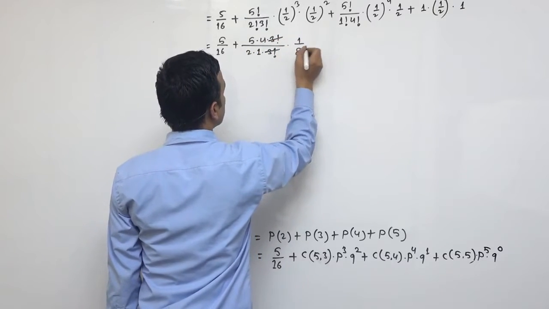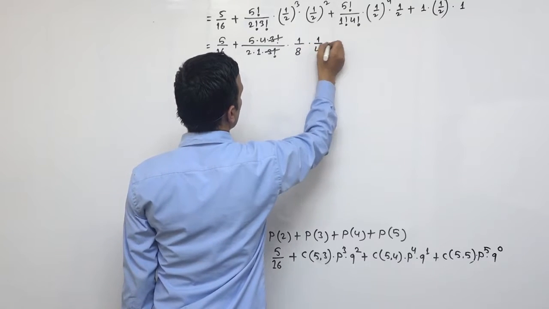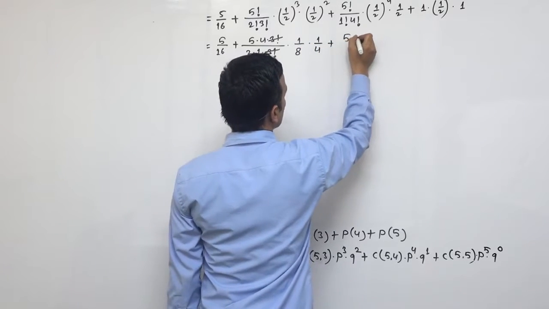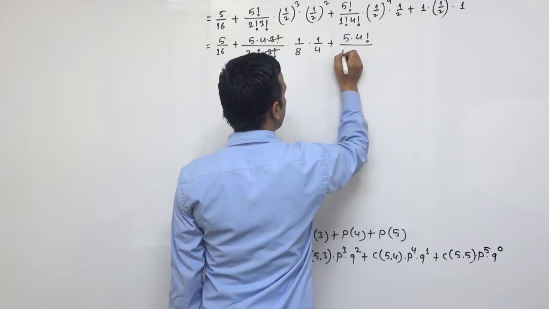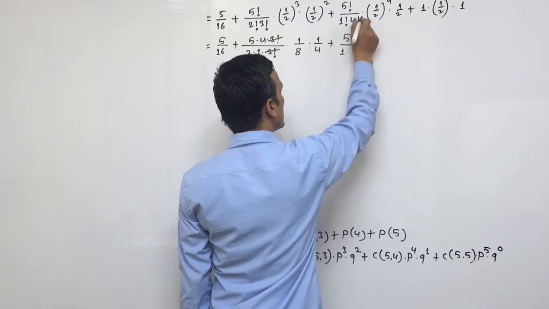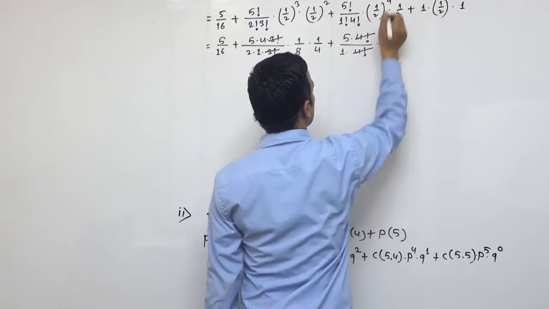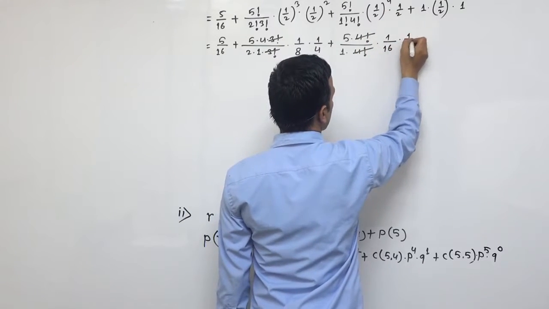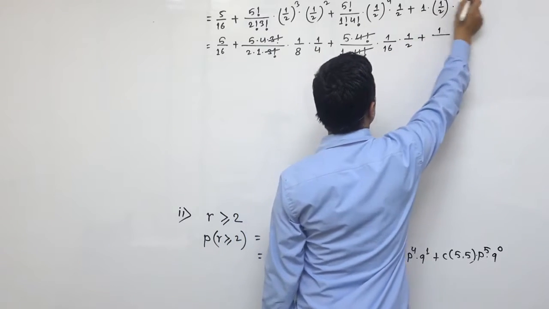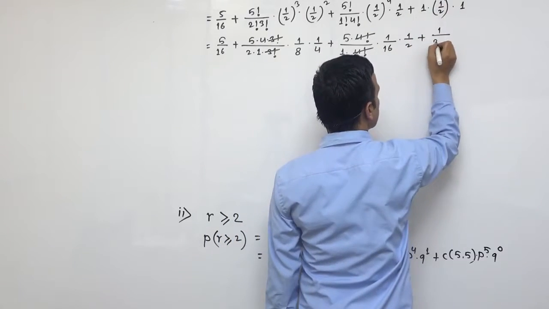1 by 8 into 1 by 4, 5 into 4 factorial divided by 1 factorial, that is 4 factorial. 4 factorial cancels, and 1 upon 2 power 4 means 16, 1 upon 16, and there is no need to write 1. 2 to the power 5 means 32.